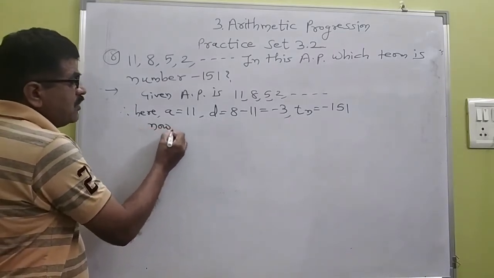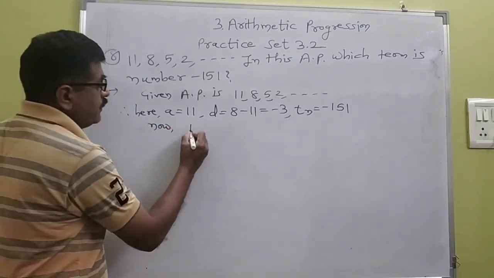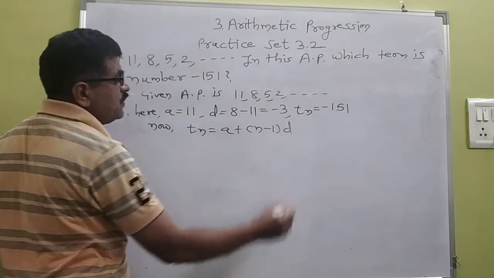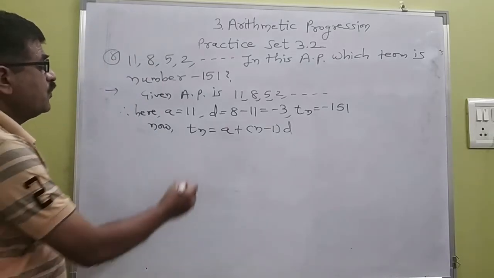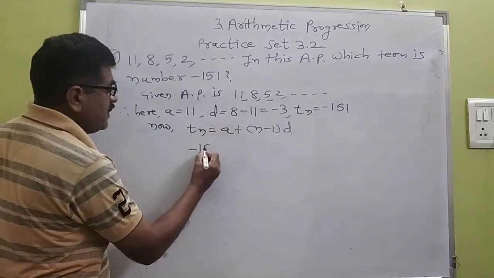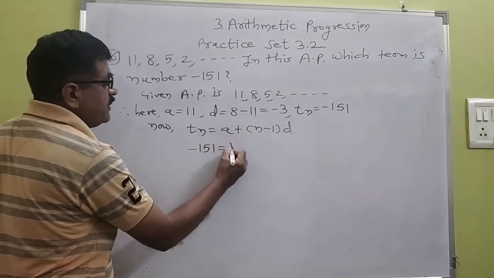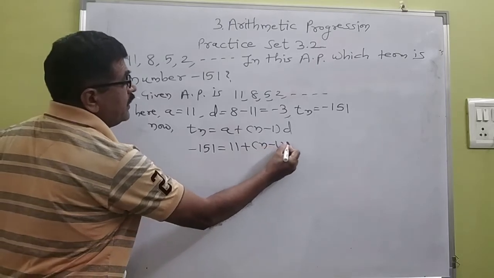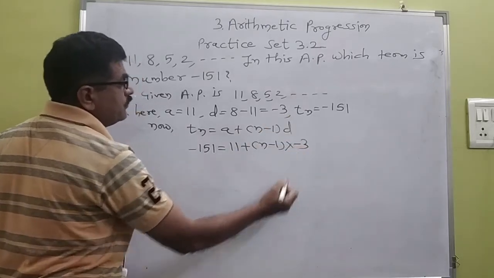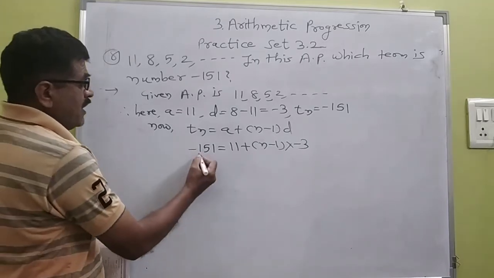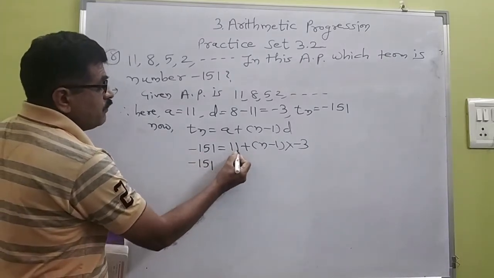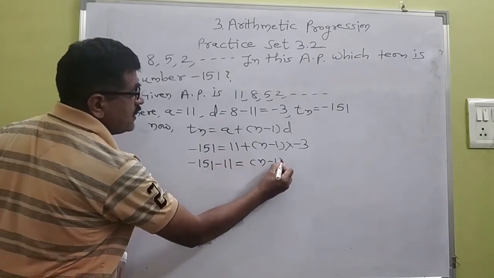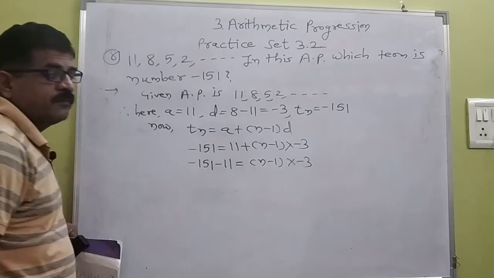Now write down the formula for Tn. Tn is equal to A plus n minus 1 into D. Now put the values: minus 151 is equal to 11 plus n minus 1 into minus 3.